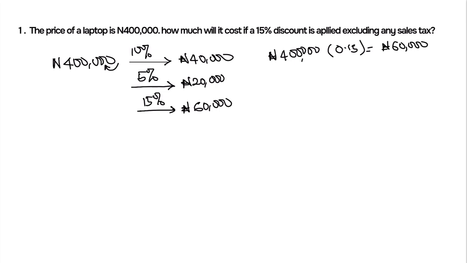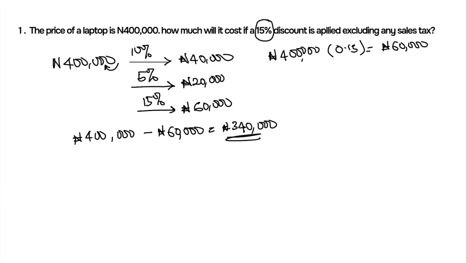So to get the actual price of the laptop after the 15% discount, it is going to be 400,000 minus 60,000. Then the answer should be 340,000. So that's just the answer.